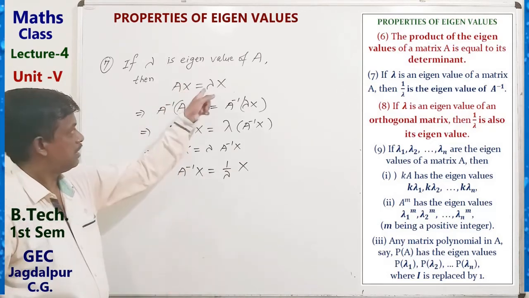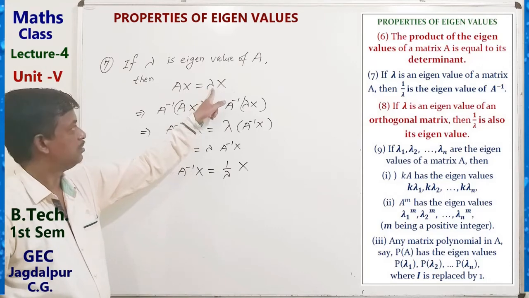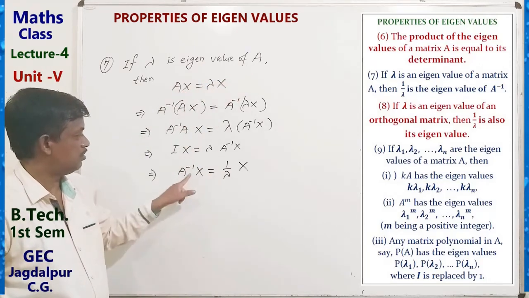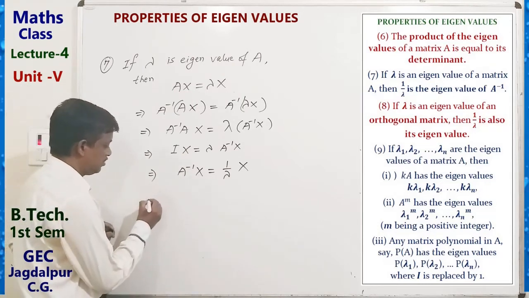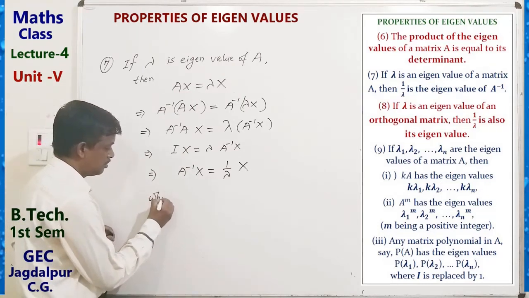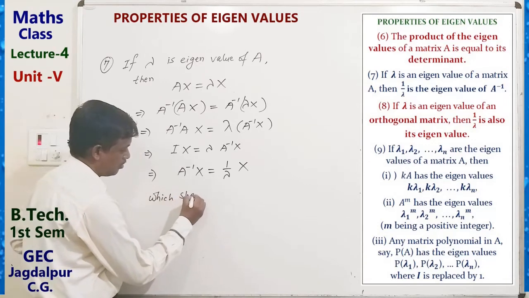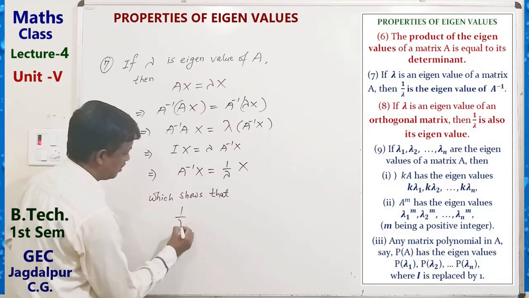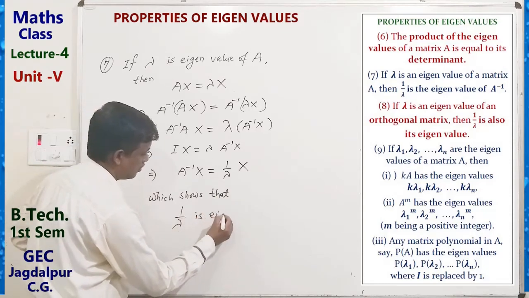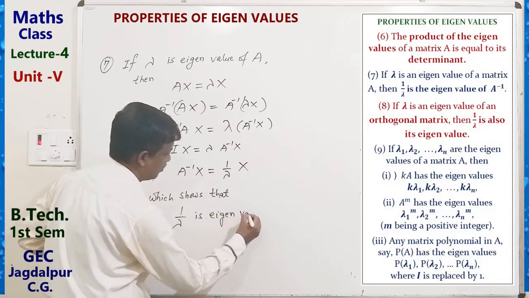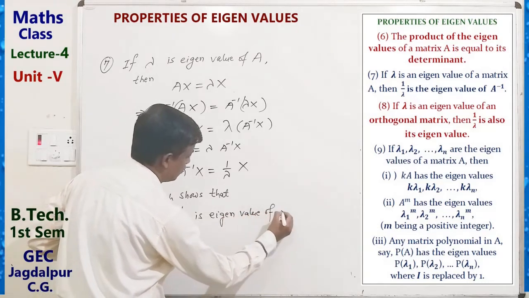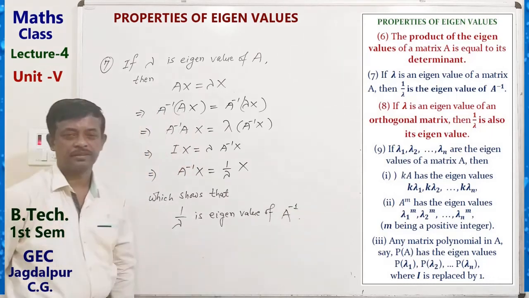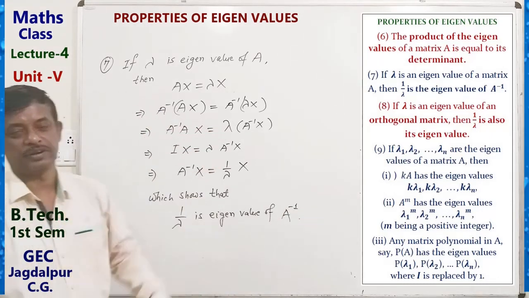Here lambda is an eigenvalue of A. So here 1 by lambda is an eigenvalue of A inverse, which shows that 1 by lambda is an eigenvalue of A inverse. Okay, so this is the 7th property.